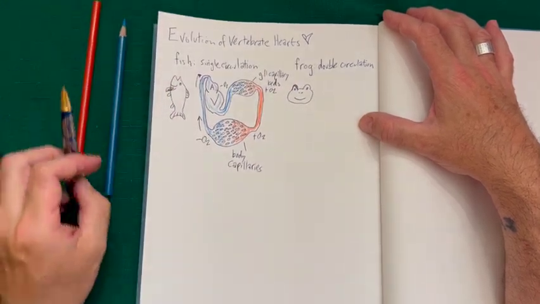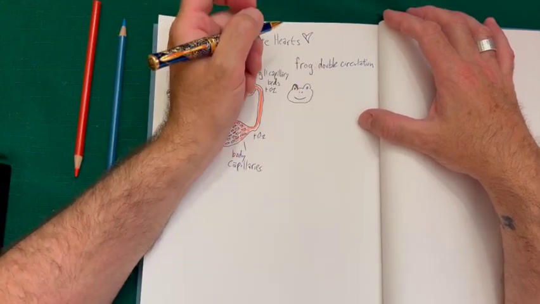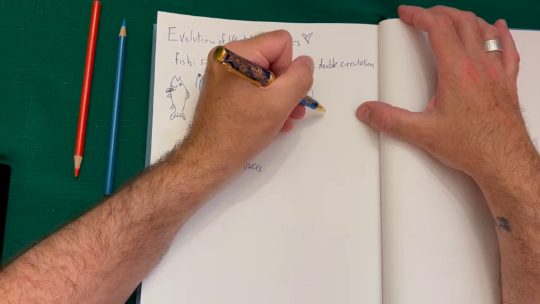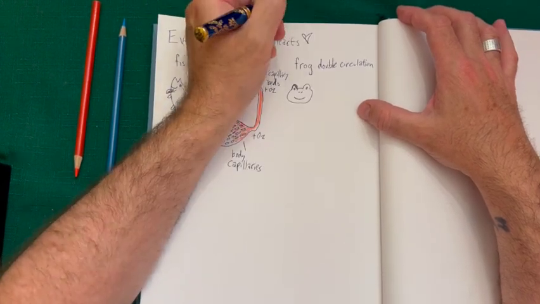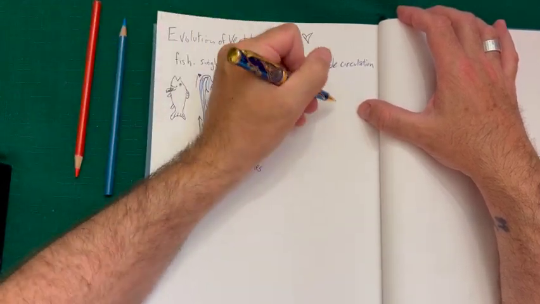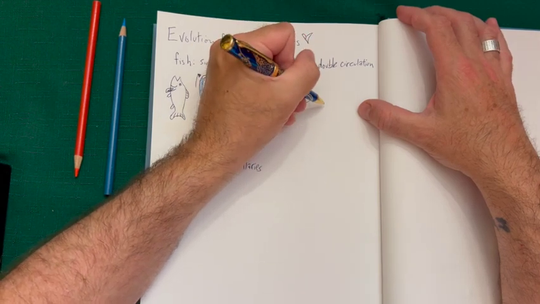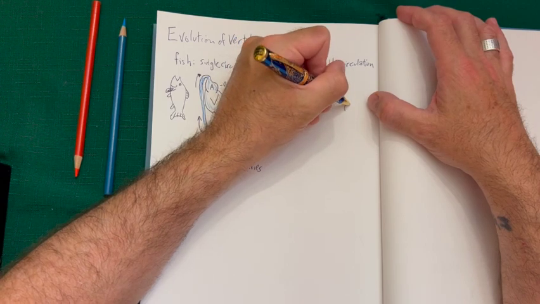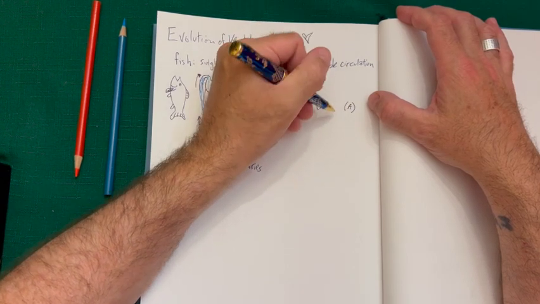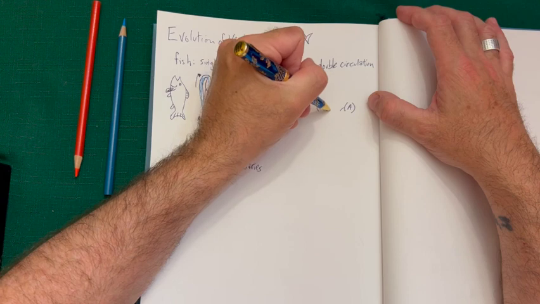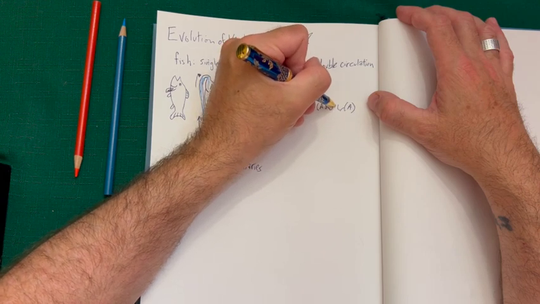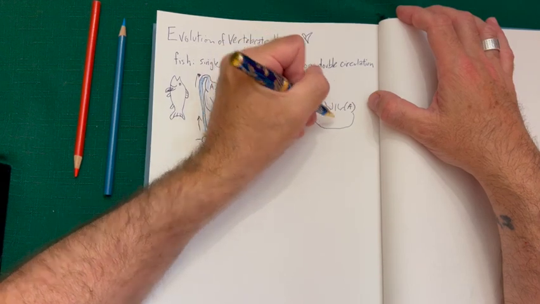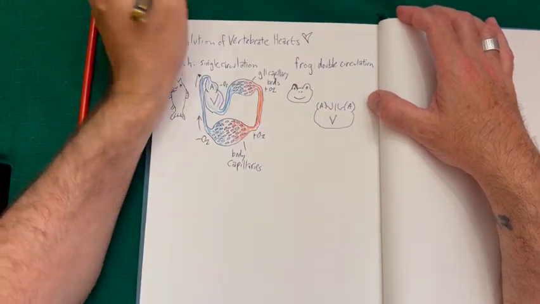That's supposed to be a frog face. It's hard to draw frog bodies. And it's smiling because it's happy because it's breathing. All right, so in this case, we have got three chambers: one atrium, two atria, feeding into one ventricle.